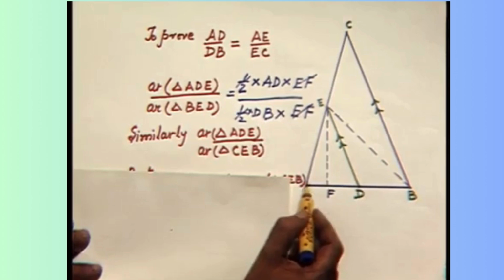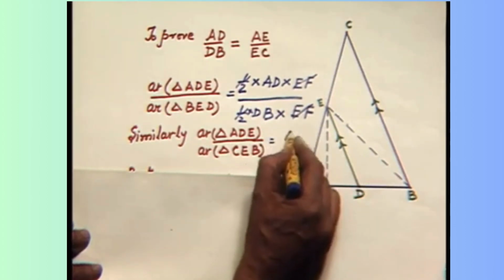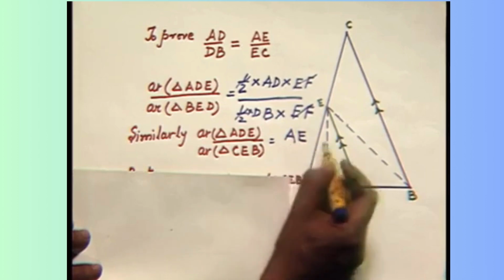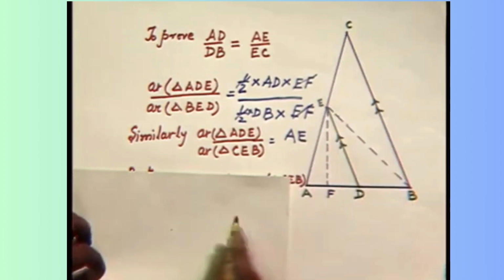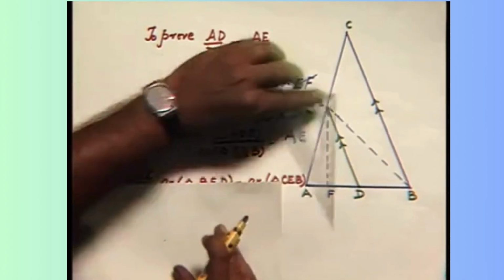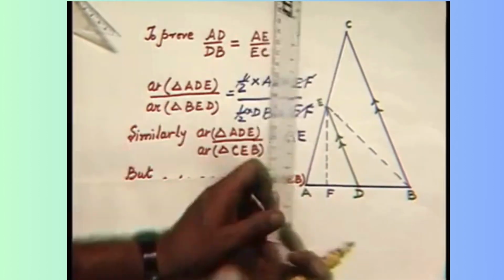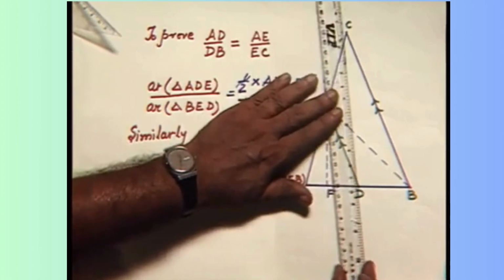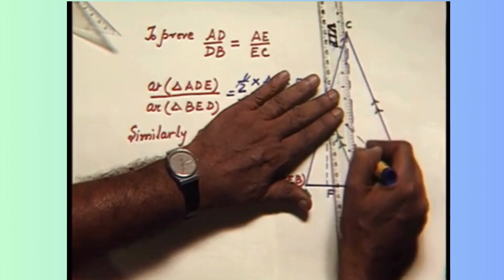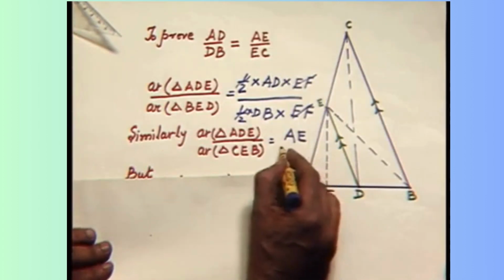Similarly, area of triangle ADE to the area of triangle EDC can also be written as AE upon EC.